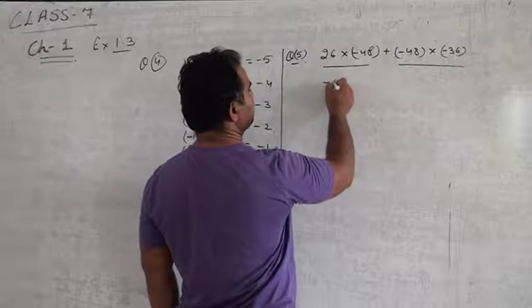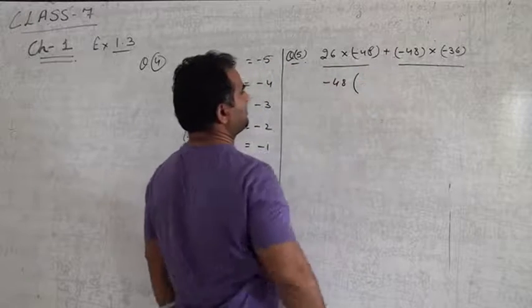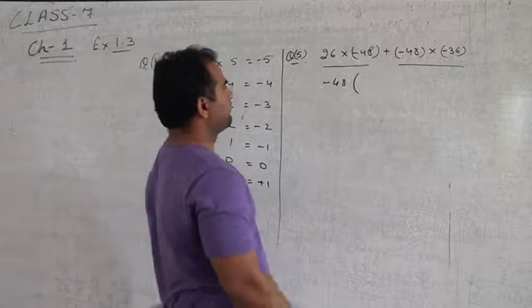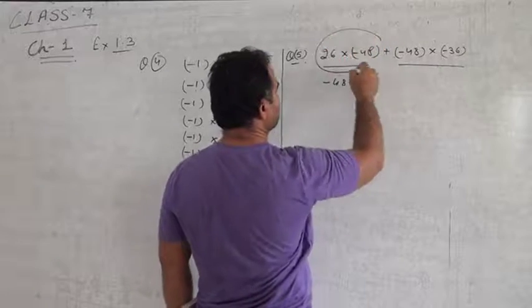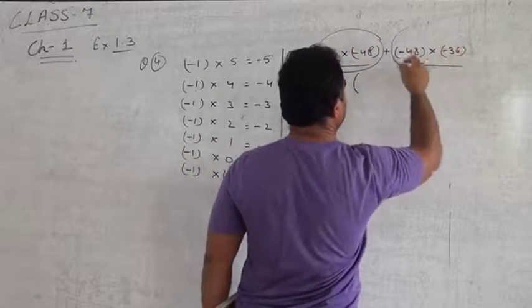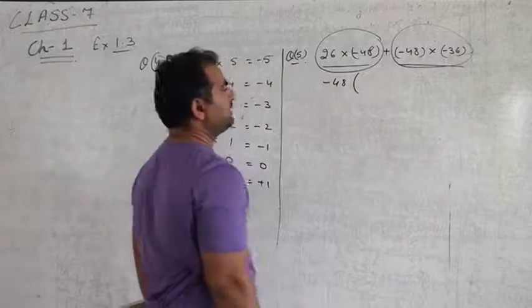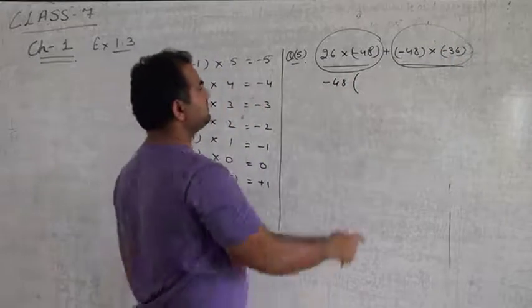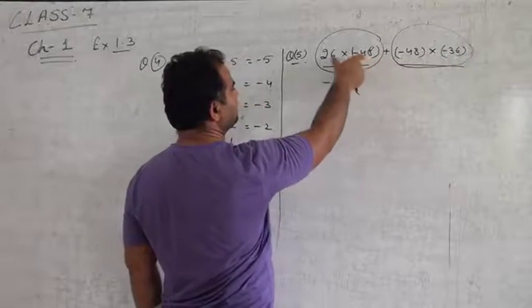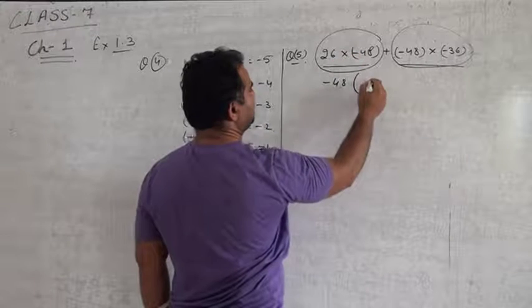So we will take minus 48 as common, from this and from this. So minus 48 is taken as common. So what is left behind? It's 26.